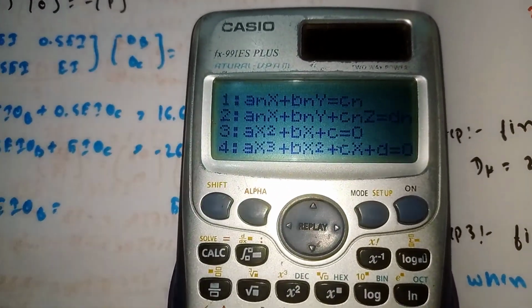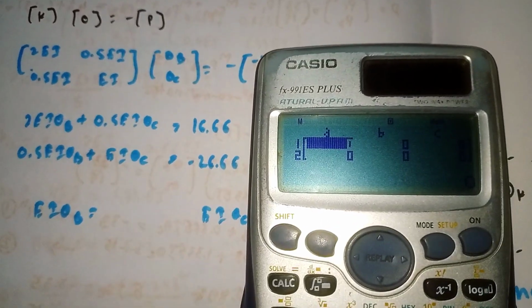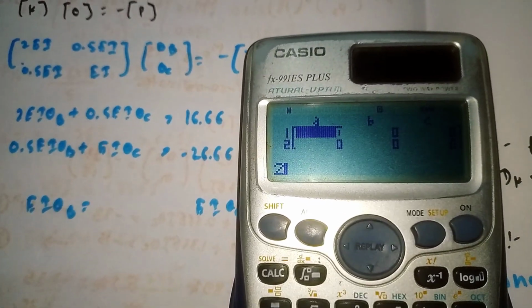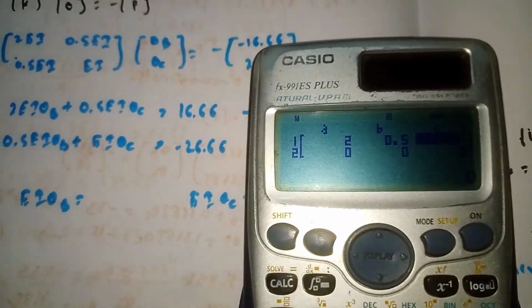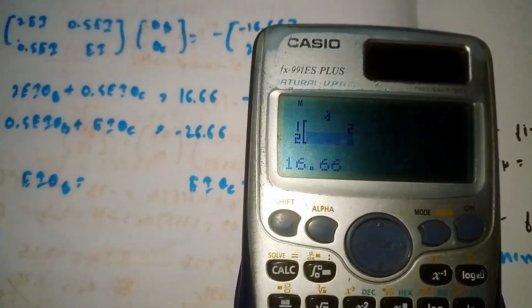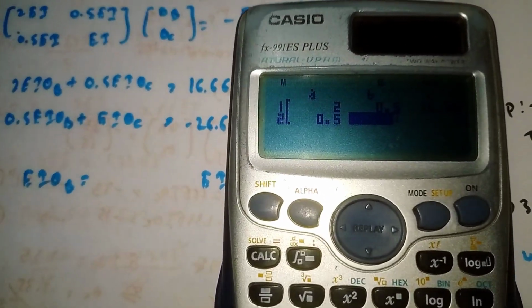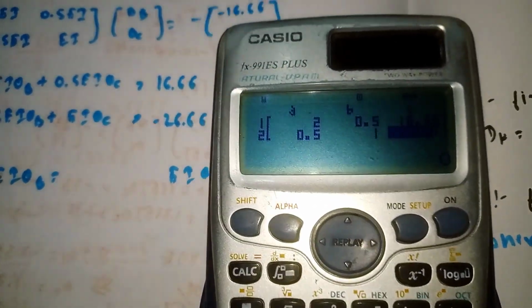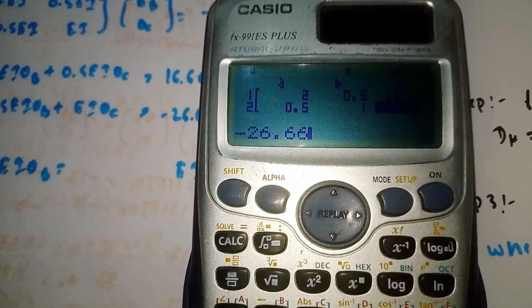Substitute equation 1: 2 EI theta B plus 0.5 EI theta C is equal to 16.66, and equation 2: 0.5 EI theta B plus EI theta C is equal to minus 26.66. Now solve it.